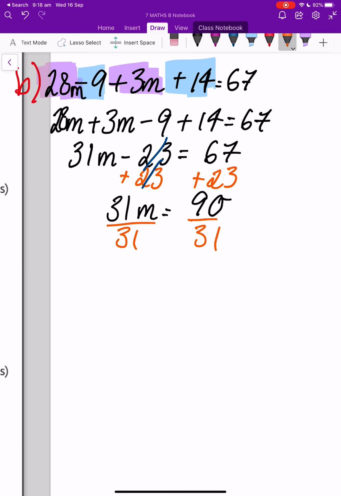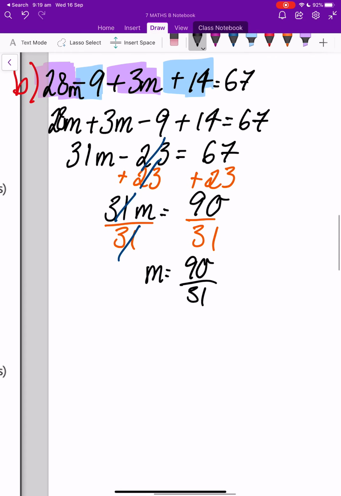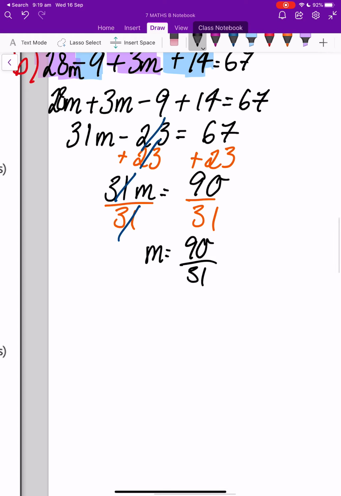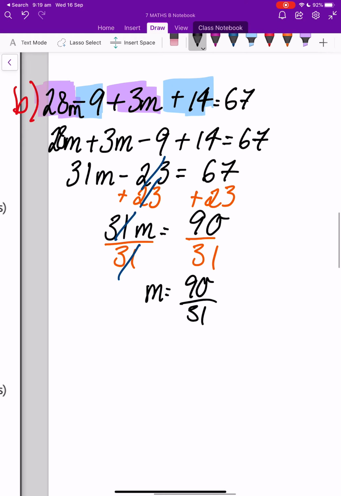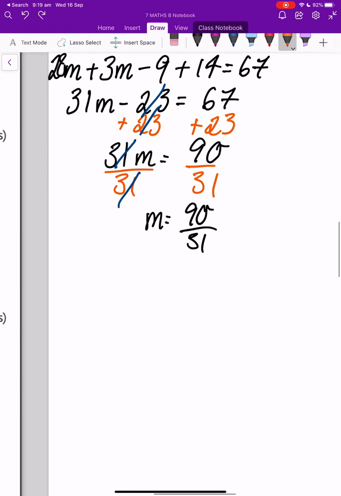That means I can cross out m here. Now this is where the typo problem is, because you can't actually simplify this any further, because 31 doesn't go equally into 90, so you can just leave your answer like this. What it should have been was 27m. 27m plus 3m would have given you 30m.